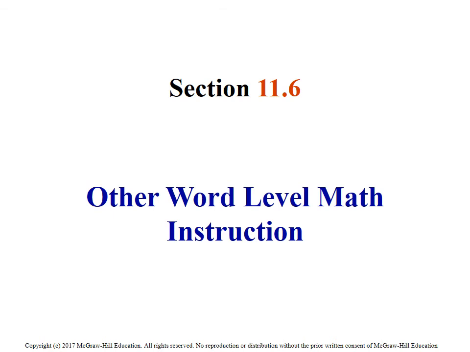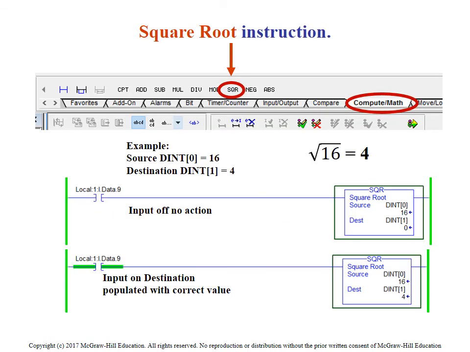Okay, other word-level math instructions. We're looking at square root. I don't know if many of you have to work with square root much. I know in mathematics, three-phase, and dealing with a few different things in the electronics world, you do end up dealing with some square roots.